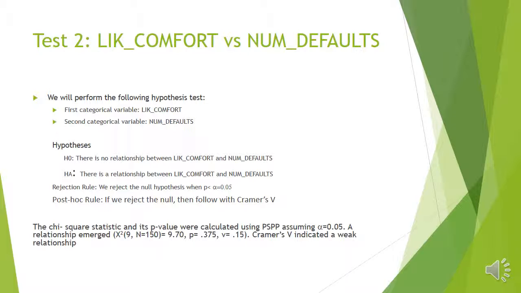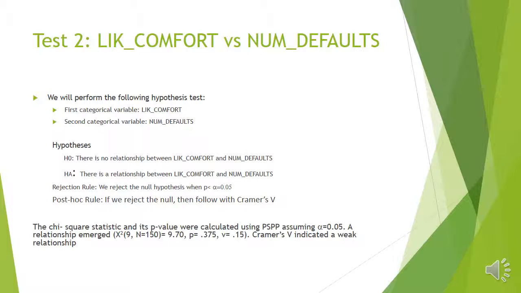The chi-square statistic again and its p-value were calculated using PSPP, assuming an alpha level of 0.05, and a relationship emerged similar to the test before, where the chi-squared value was found to be 9.70 at 9 degrees of freedom with 150 cases. A p-value found to be 0.375, which is not significant, and as such we again fail to reject the null hypothesis.